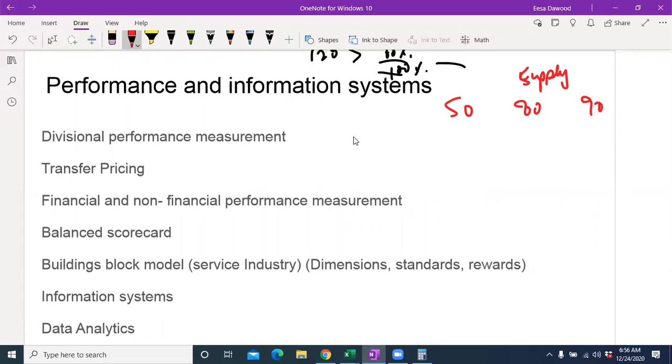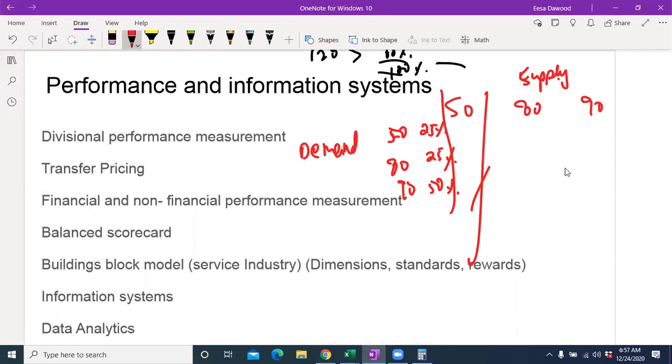As per the past data, I can forecast my demand. So I can assign probabilities: a 50% chance that demand would be this, 25% chance demand would be 80, and 25% chance the demand would be 50.